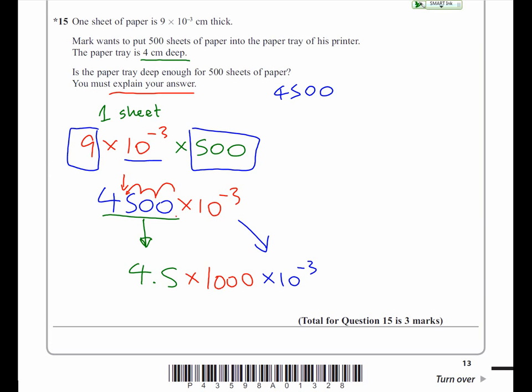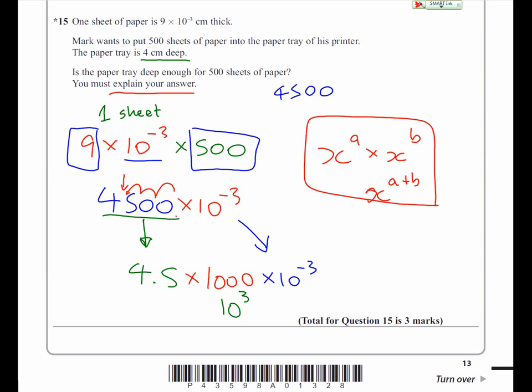Now, 1,000 is 10 cubed. Now, hopefully you've learned that if you've got powers and you multiply, you add the powers. That's one of your power laws you should know. So, what we've got is 10 to the 3 times 10 to the minus 3. So we're going to add 3 and minus 3.